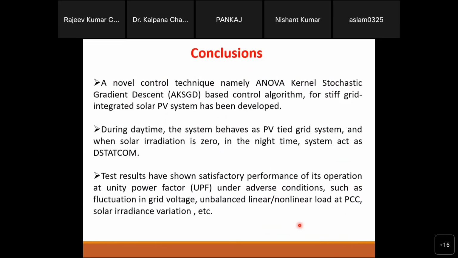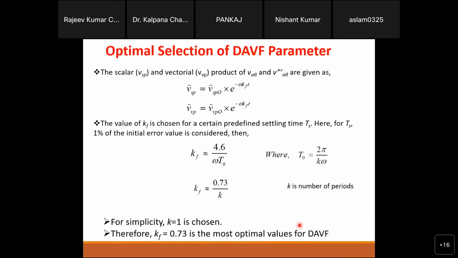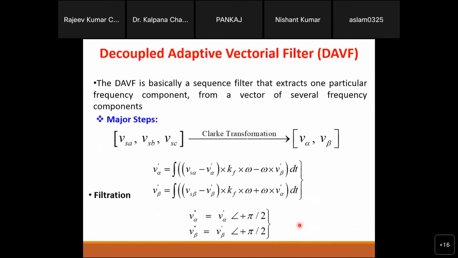Okay, but this controller I will not suggest for the three phase. In the three phase the nonlinearity is high, first of all, and at that time if you go for the Clarke transformation, you will see a significant delay, and that delay will create a big issue. That's why I will not suggest this controller for the three-phase system.